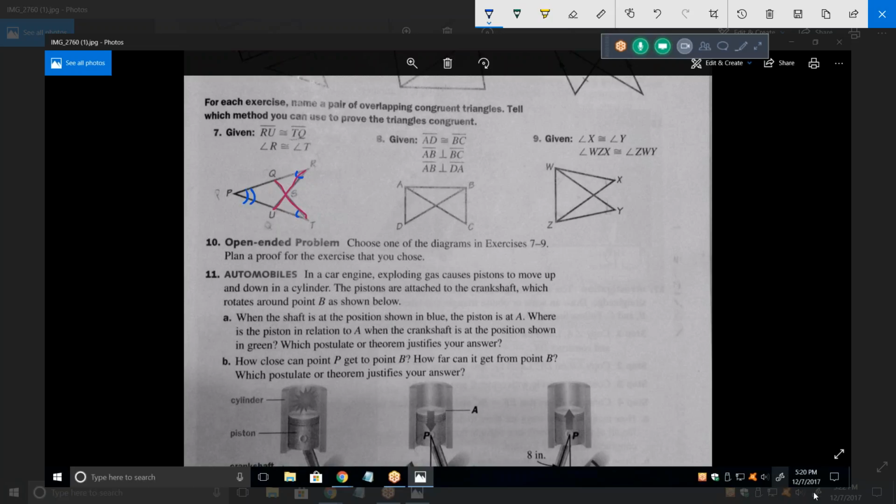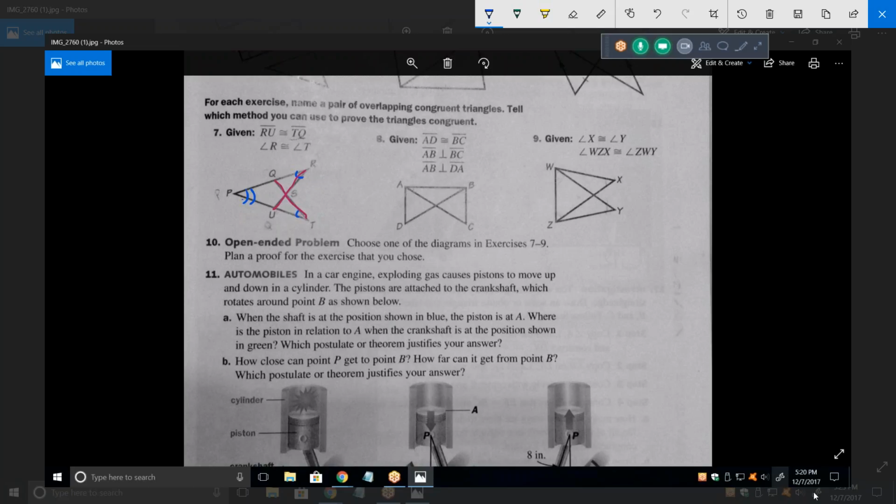And that would give you side, angle, angle. Unfortunately, side angle angle doesn't prove it. There's something I'm not seeing here.